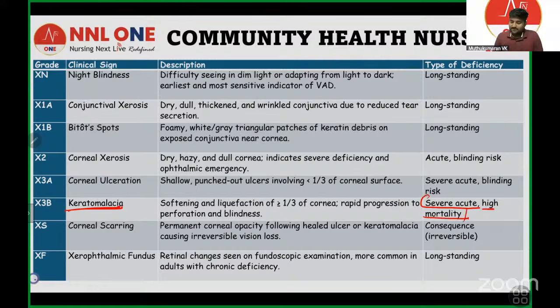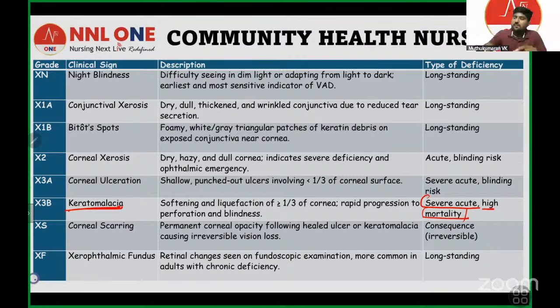High mortality. The total doses, the international units, the lakhs, everyone knows. But this is the important thing you should know, and you should update yourself. If they ask a simple question like, what is the complication of vitamin A deficiency in the acute phase?